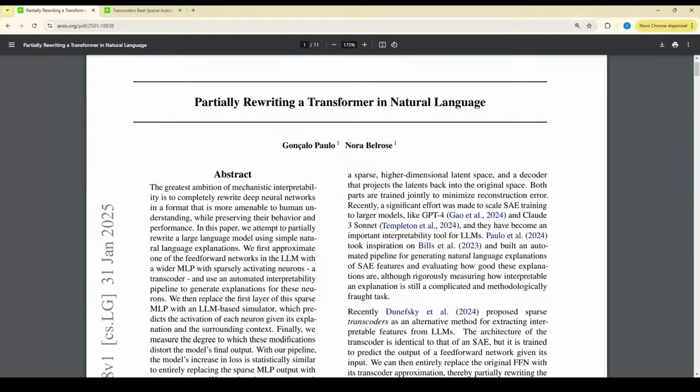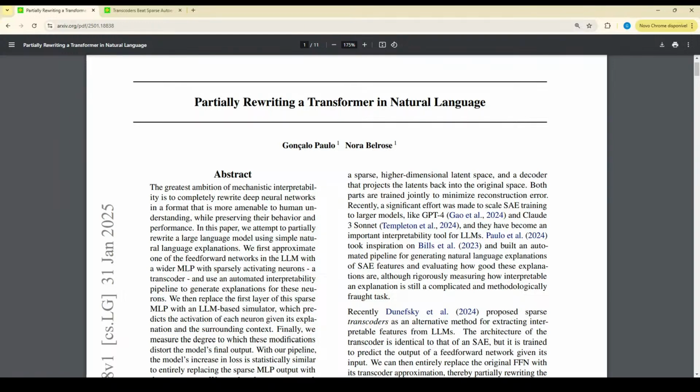And then let's replace the encoder with the explanations, and a language model that is given the explanations and the current token, and is asked, okay, should this latent be active on this token given this explanation?